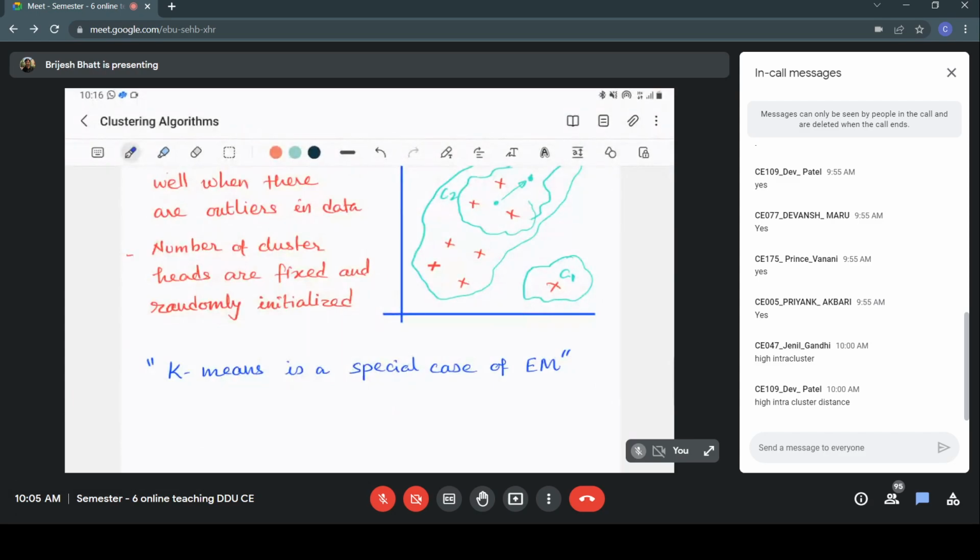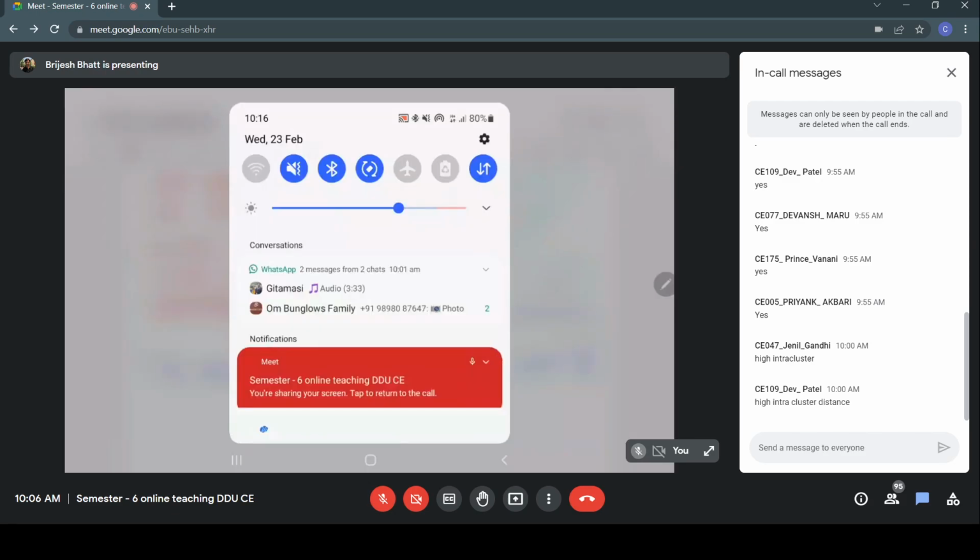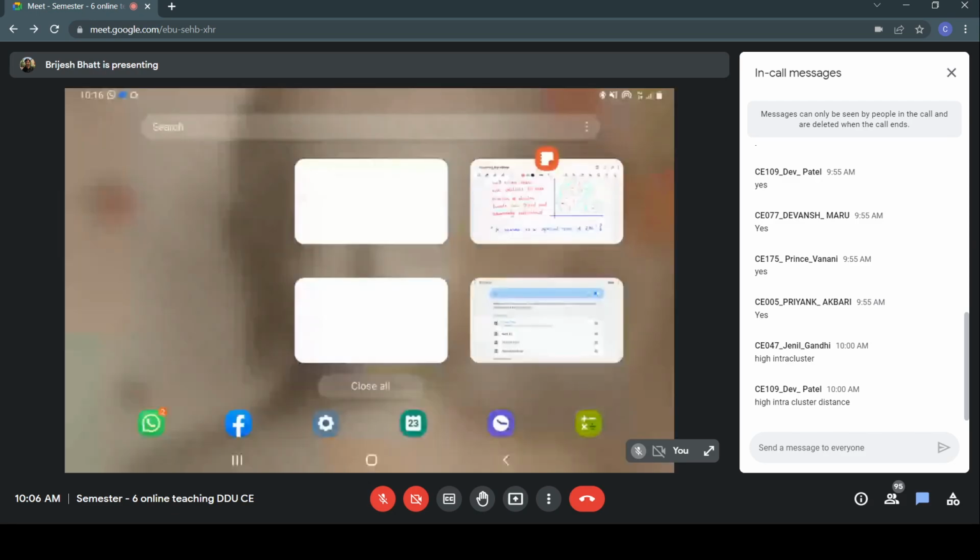Do you see the similarity or differences between them? Do you want to make any comments here? Just think of it for a while and tell me.